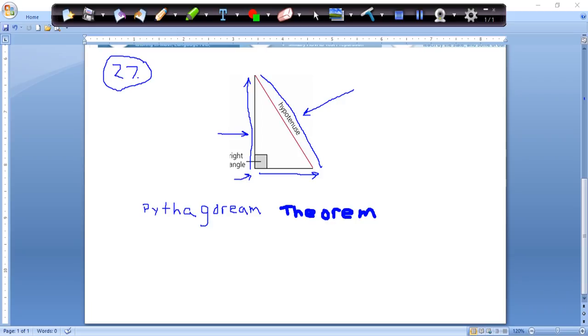Okay, so we're going to use the Pythagorean theorem, which states a squared plus b squared equals c squared.